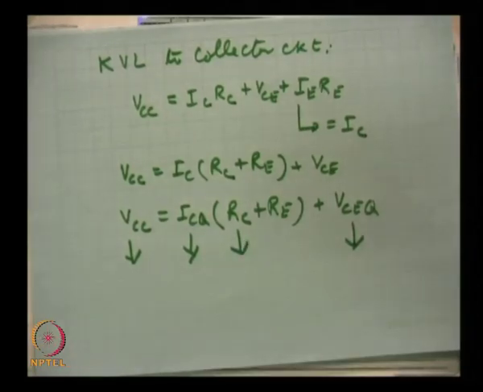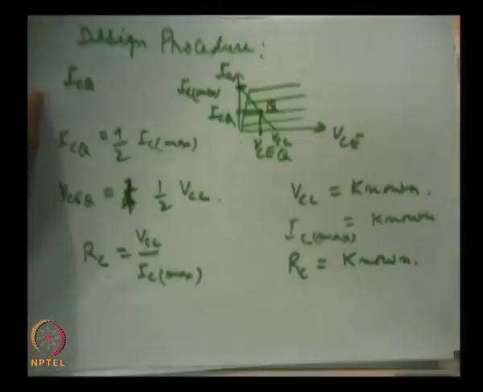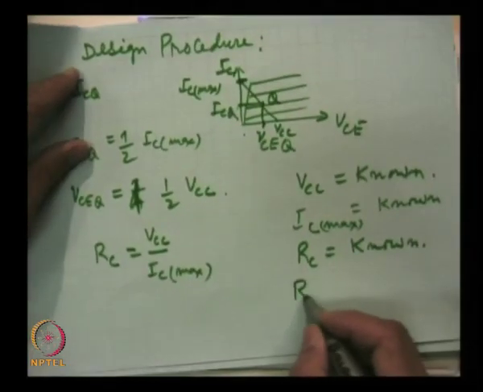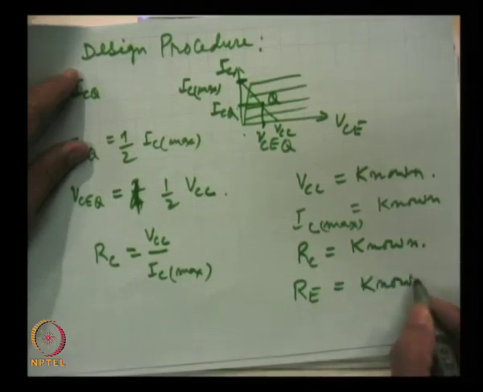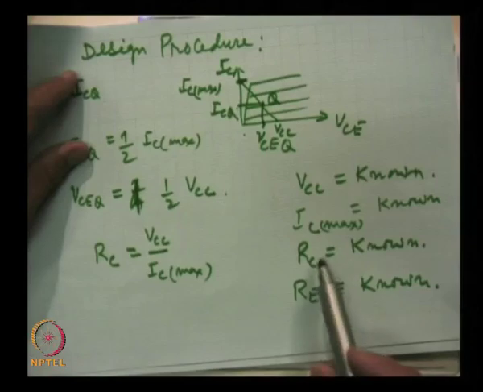So, except RE, all other parameters are known. So, we can find out RE. So, in this series RE is also now known. We have calculated its value.